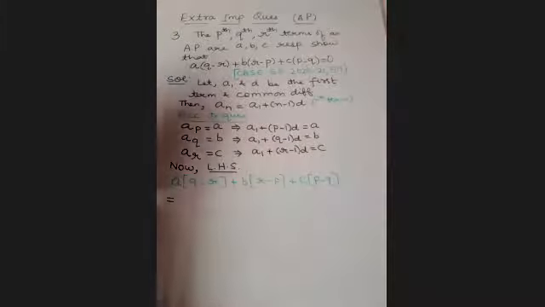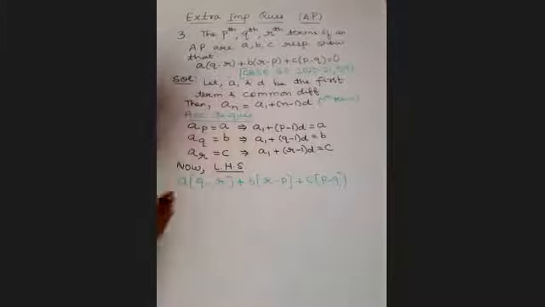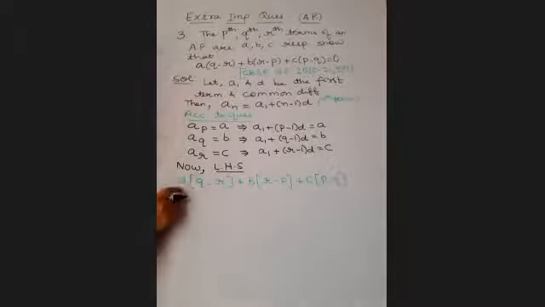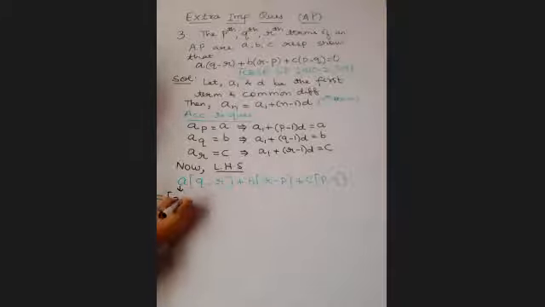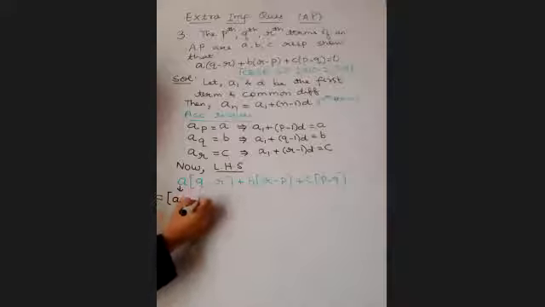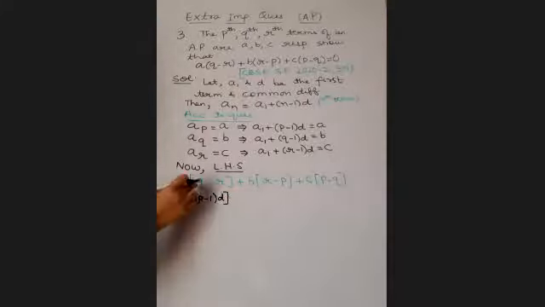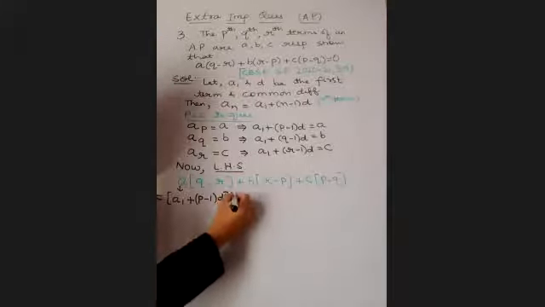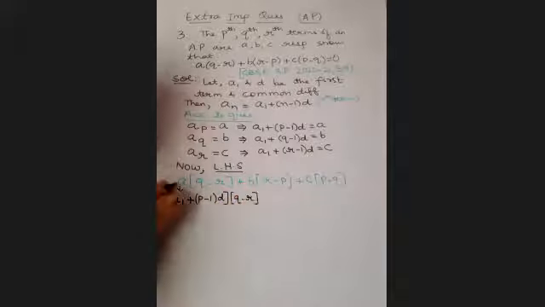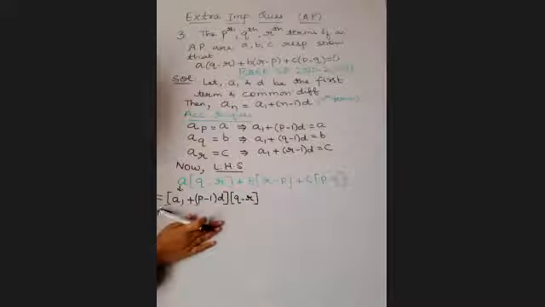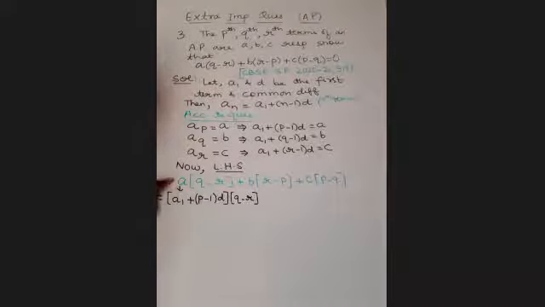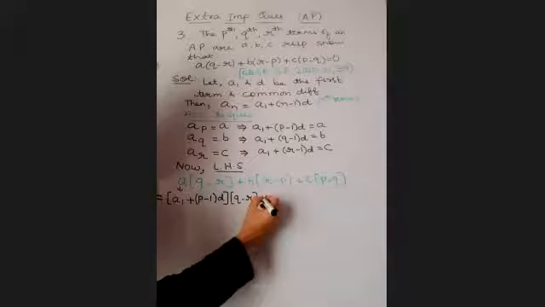Now see, this is equal to a. What is a now? a1 plus (p minus 1) into d, multiplied by (q minus r). Are you clear with this part, children? Instead of a, put this, plus b.